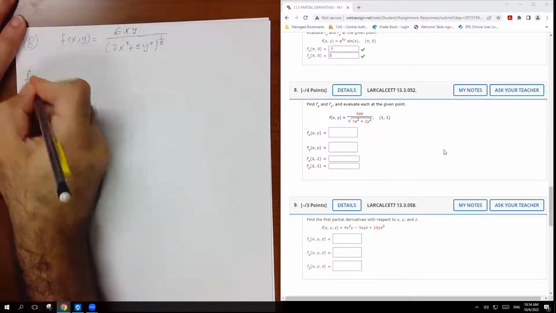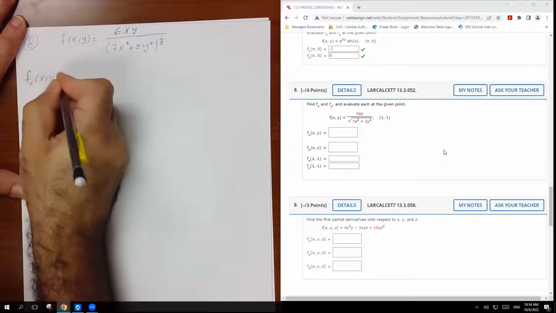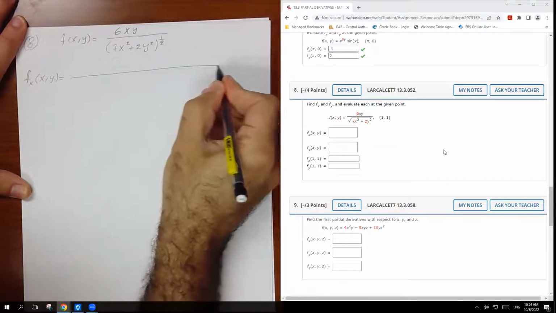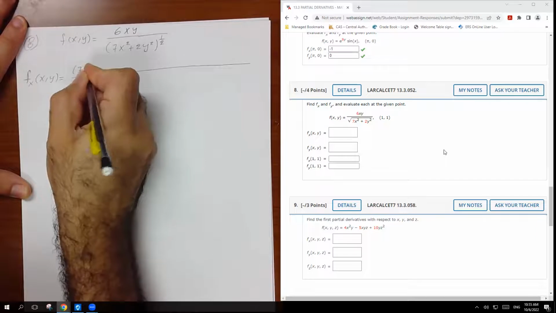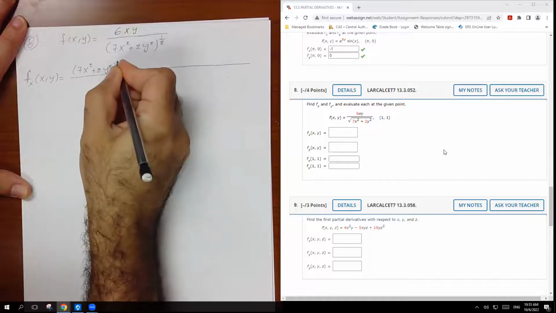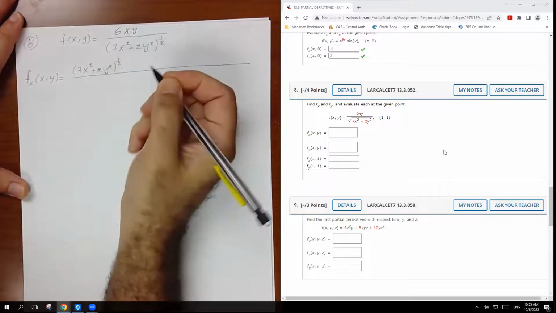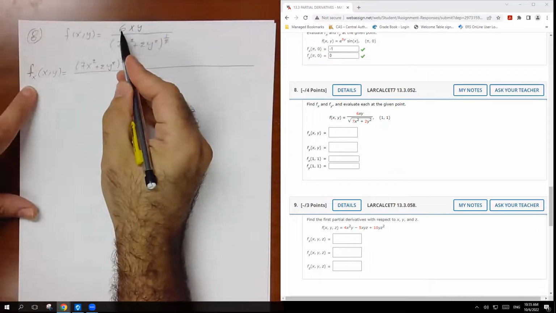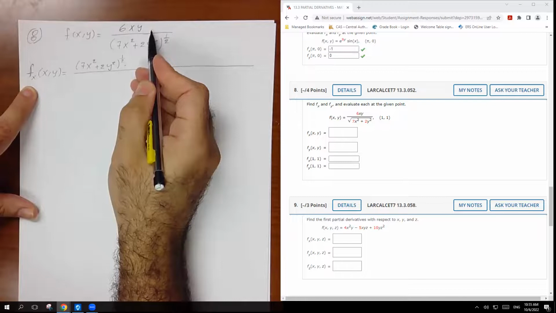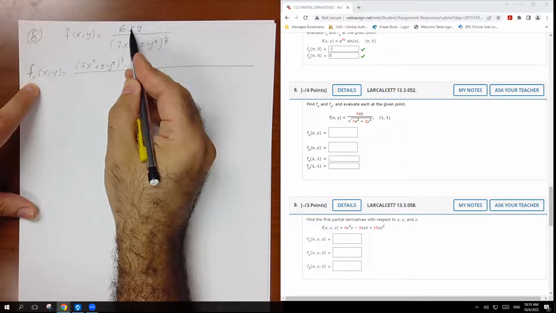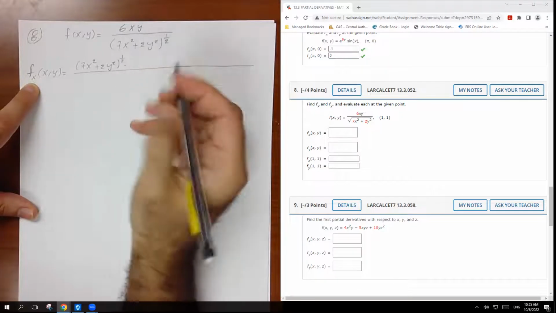So f with respect to x is going to be the bottom part, which is 7x squared plus 2y squared to the half, times the derivative of the top part with respect to x. The derivative of 6xy with respect to x, this one is going to be 1, so the result is going to be 6y.